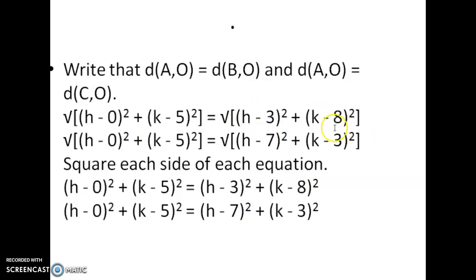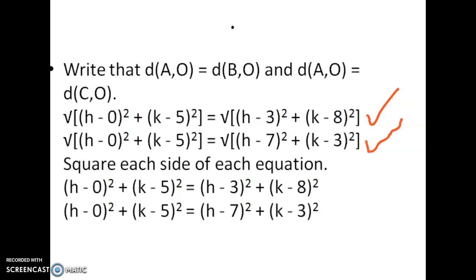So the first equation, the one I just put a tick in front of, says the distance AO is equal to the distance BO. It's from circumference to center, there's no question about that. Then the next one says the distance AO is equal to the distance CO, the one I just put a tick on now.